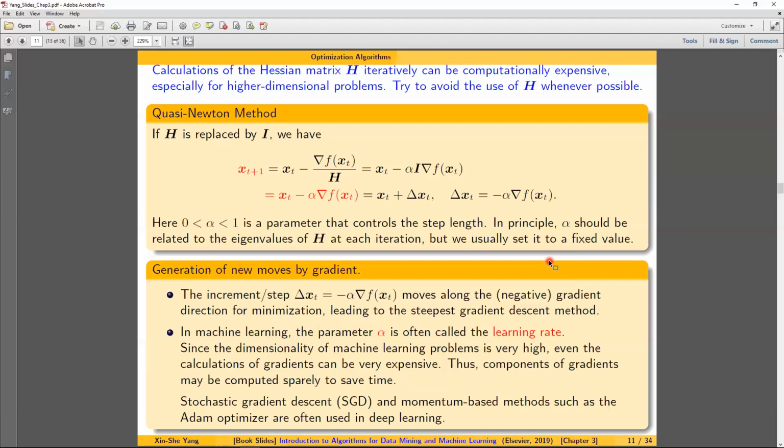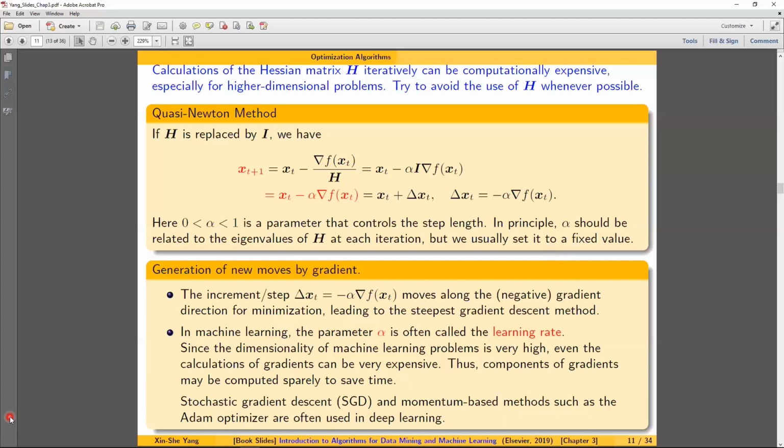So this increment or step is delta x_t, which is minus alpha times the gradient of the function at x_t. It moves along the negative gradient direction for minimization, which leads to the steepest gradient descent method. In machine learning, alpha is often called the learning rate.